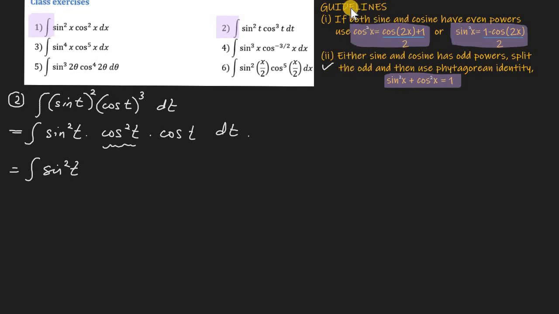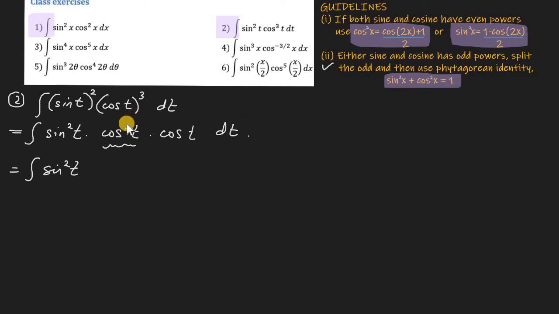But like the one that we have seen in question number 1, whenever you have both sine and cosine even power, you start with case number 1. Here we have between power even number and power odd number, consider using this case 2 guideline.